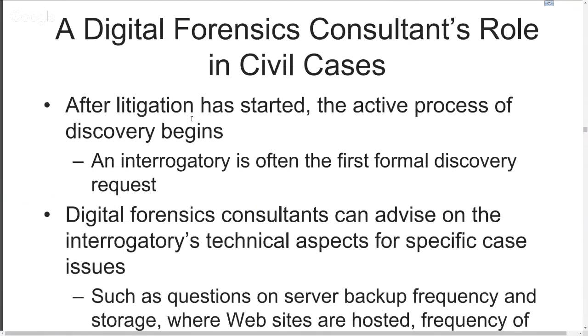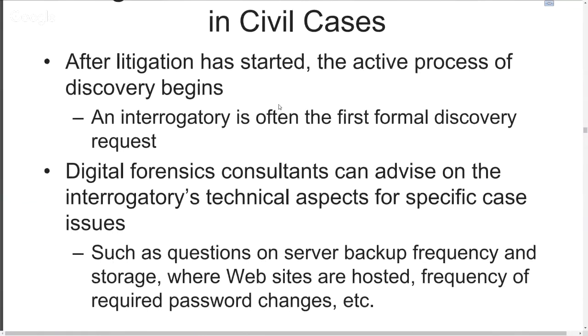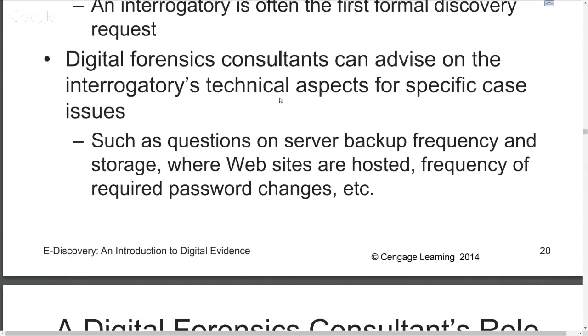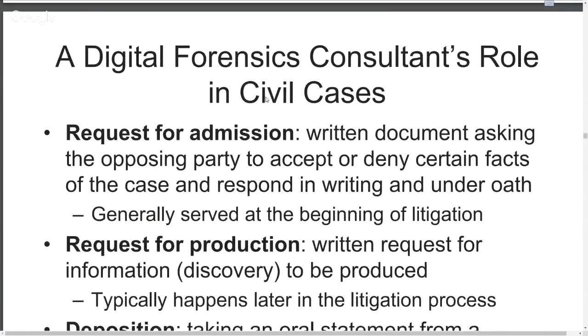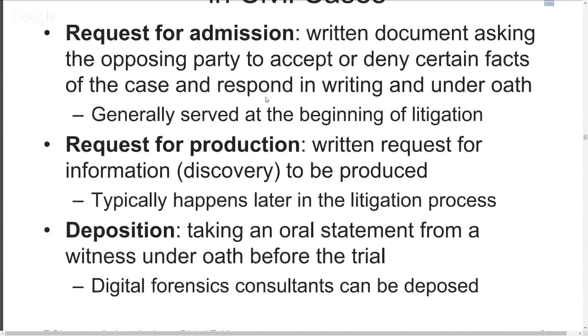In civil cases, they're basically looking for the first formal discovery request. They can then advise on the interrogatories' technical aspects for the case issues, such as questions on server backup frequency, storage, where websites are hosted, frequency of password changes, etc. The request for admission is the written document asking the opposing party to accept or deny certain facts, generally served at the beginning of litigation, and the request for production is a written request for information or discovery to be produced.